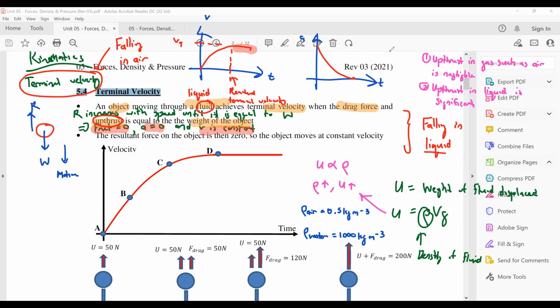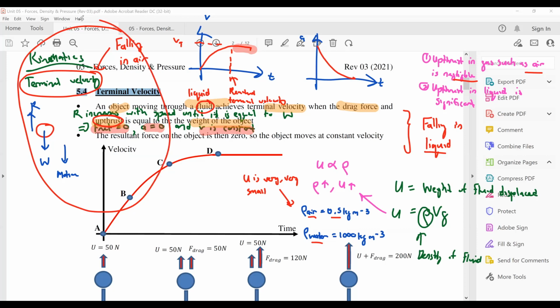So when you compare between those two, air and water, because air has a very little density, the upthrust is very, very small. That's why we say that we can ignore it. It's negligible. That's why, when you're talking about terminal velocity for an object falling through the air, upthrust is negligible and we don't consider it in the analysis.